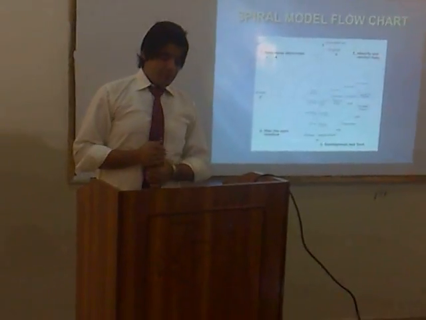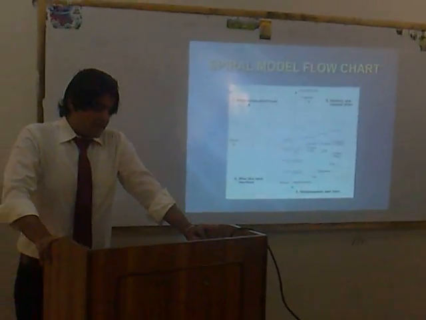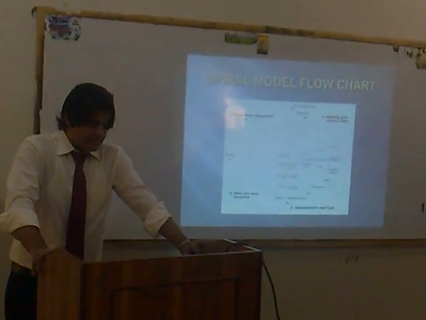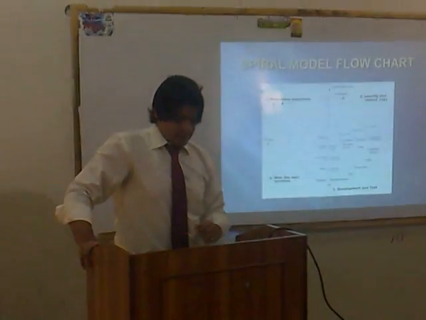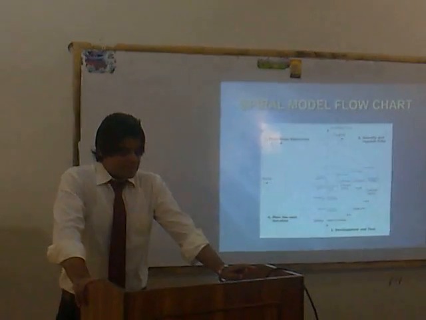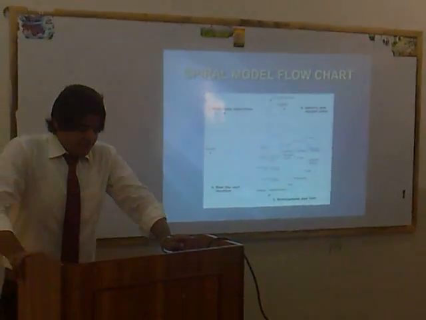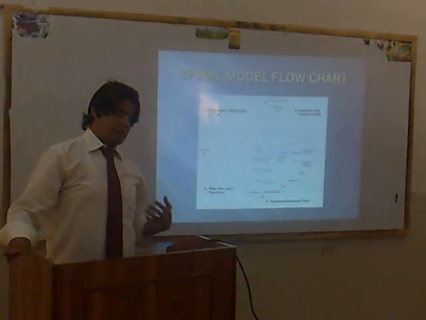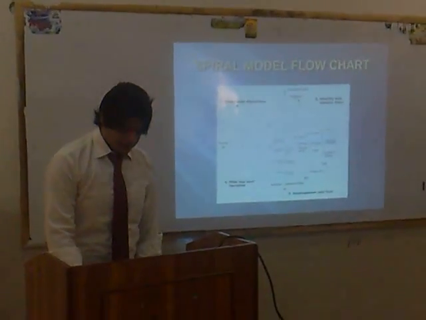In software spiral models, we have communication, planning, and risk analysis. Risk analysis is a separate stage in this model. Communication, planning, risk analysis, engineering, construction, and release, and then we develop the software or we give this software to the customers.